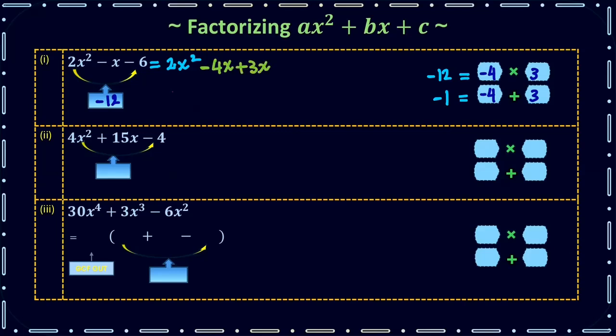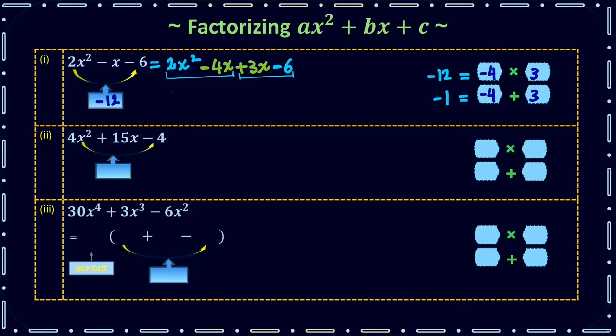By the way, the order in which you write these does not matter. You can write 3x minus 4x. That's still okay. Negative 6 should be left alone. Now we have a polynomial with 4 terms. We're going to group them 2 by 2.